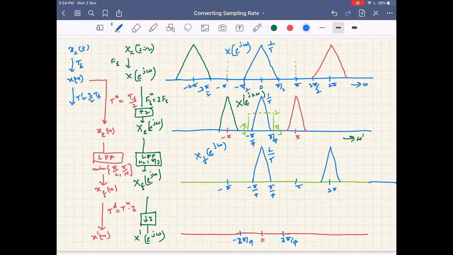Around 2 pi also, there is 2 pi plus 3 pi by 4 and 2 pi minus 3 pi by 4, so you will have a spectrum from here to here, and another replica at 2 pi.